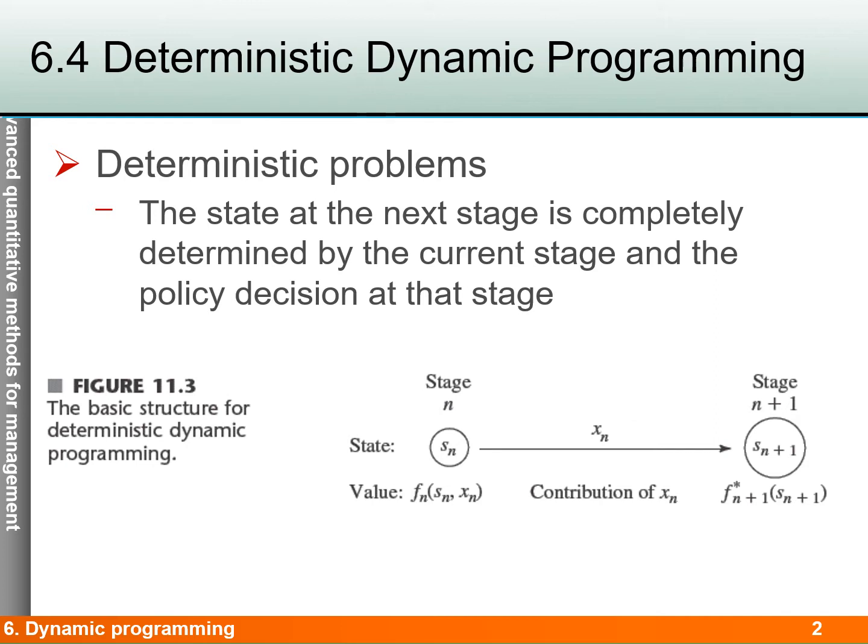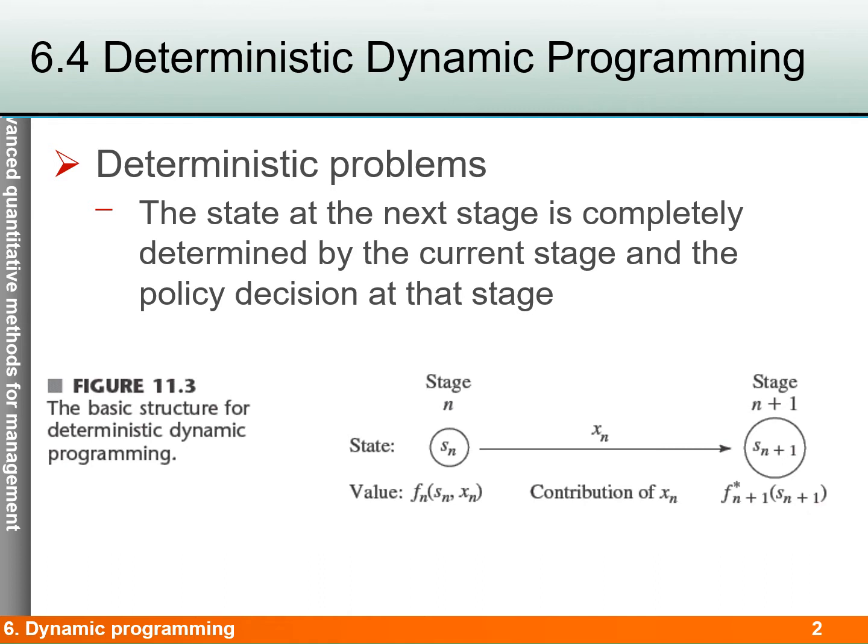This is the contribution of Xn. Then it moves to stage n plus 1, and at this state, the contribution thereafter will be f star n plus 1 of Sn plus 1.